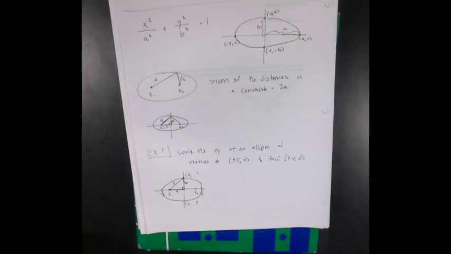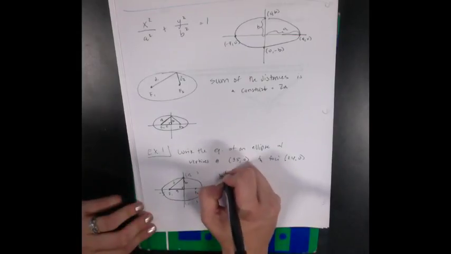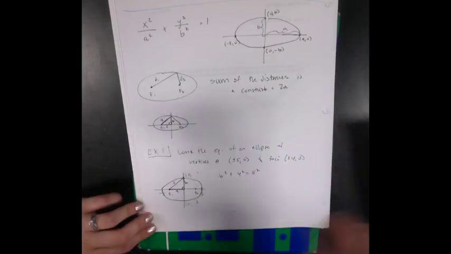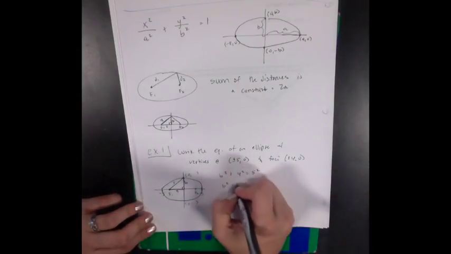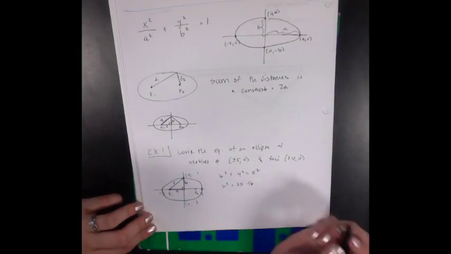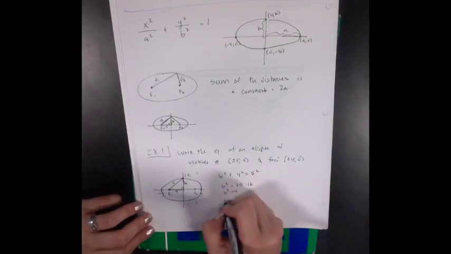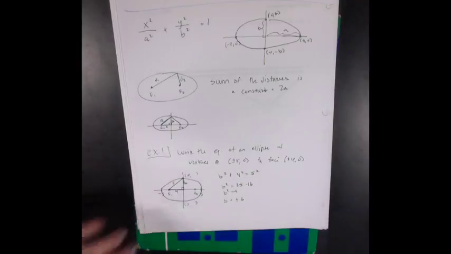How cool. So then I can solve for b and say b squared plus 4 squared is 5 squared. So b squared is 25 minus 16. So b squared is 9. b is plus or minus 3.